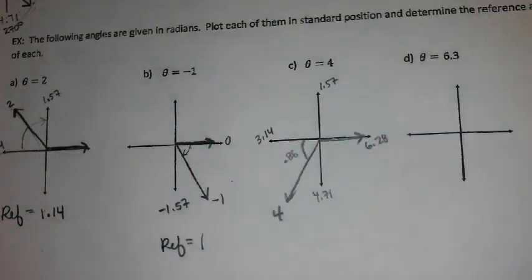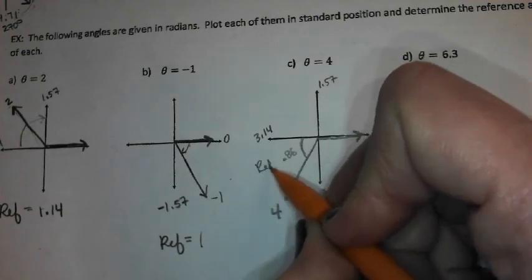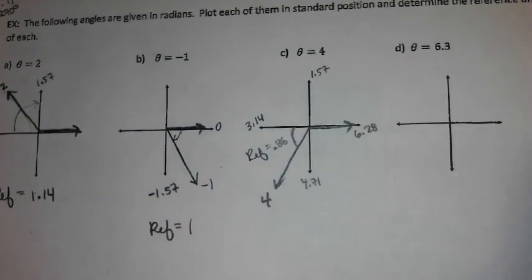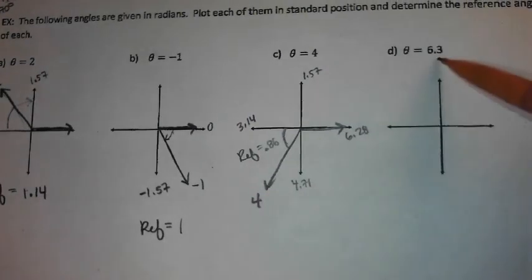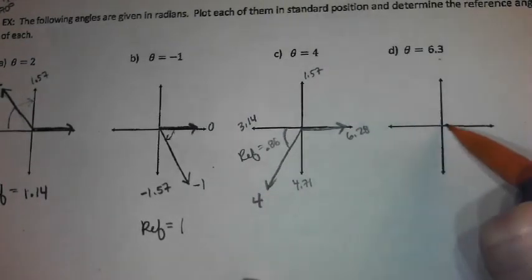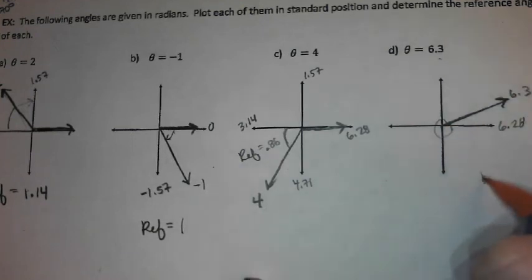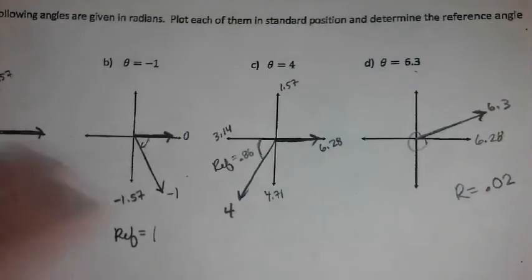Very good. That's the difference between 3.14 and 4. And then lastly, 6.3. What's a full circle? 6.28. How much past that are we going? 0.02. So there's 6.3, and so your reference is 0.02. Good.